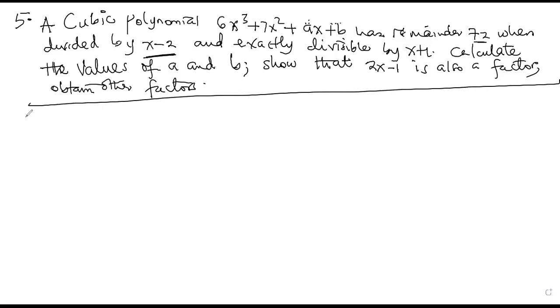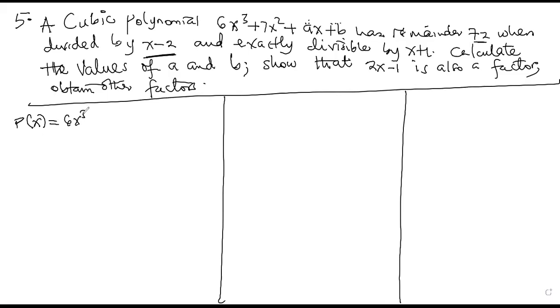In other words, first write as your polynomial p of x is equal to 6x cubed plus 7x squared plus ax plus b. When they say it's divided by x minus 2, just equate x minus 2 to 0, implying that x is equal to 2.